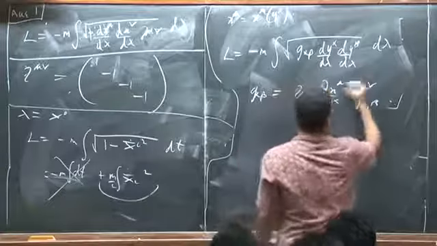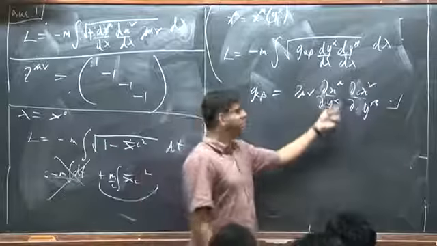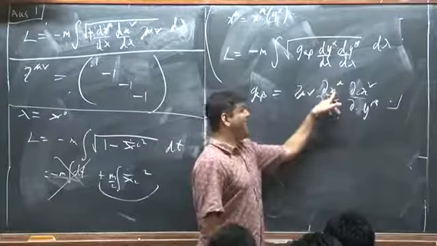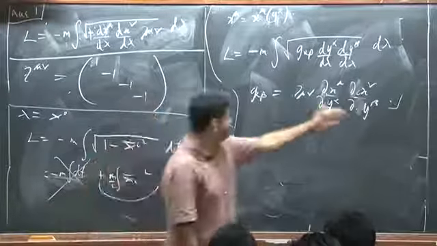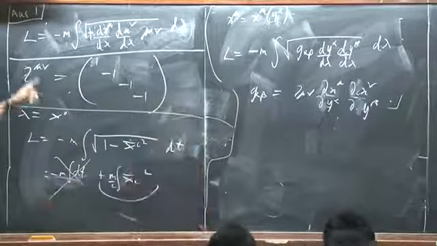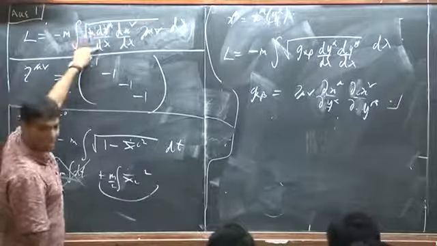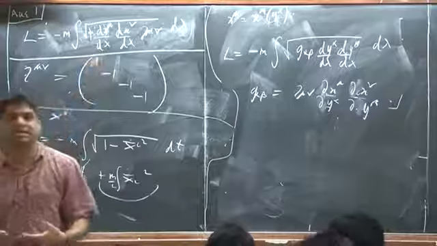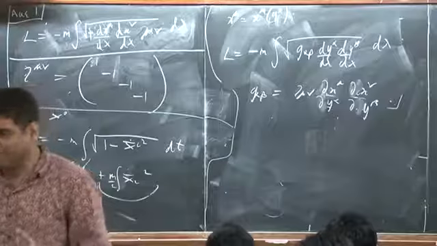These are all partial derivatives under the condition that x mu is differentiated with respect to y alpha with all other y's kept constant. And I get this by substituting dx mu by d lambda in terms of the derivatives dy alpha by d lambda using the chain rule. Is this clear?